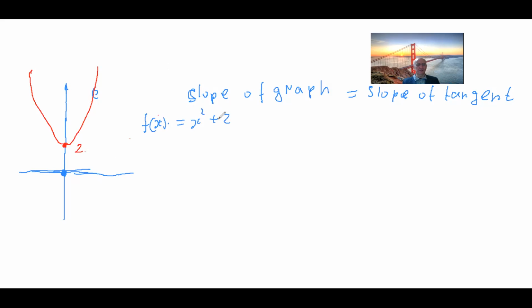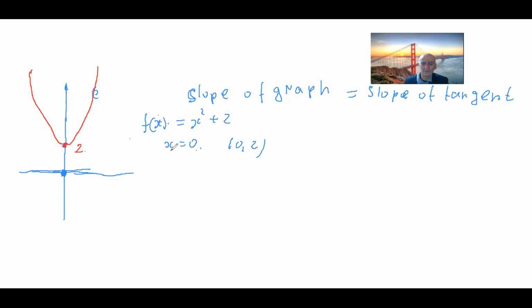Okay, my next question. Sorry, what is the tangent line of this graph at the point x equals 0? By the way, when I say the point x equals 0, I mean the point (0, 2), because to indicate a point in the plane we need two coordinates.